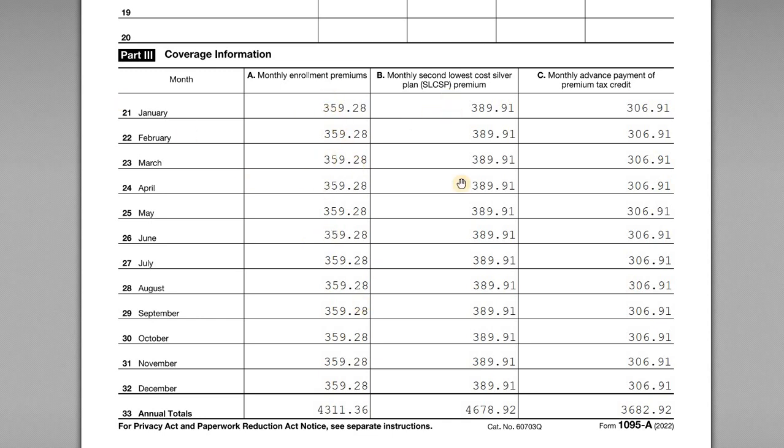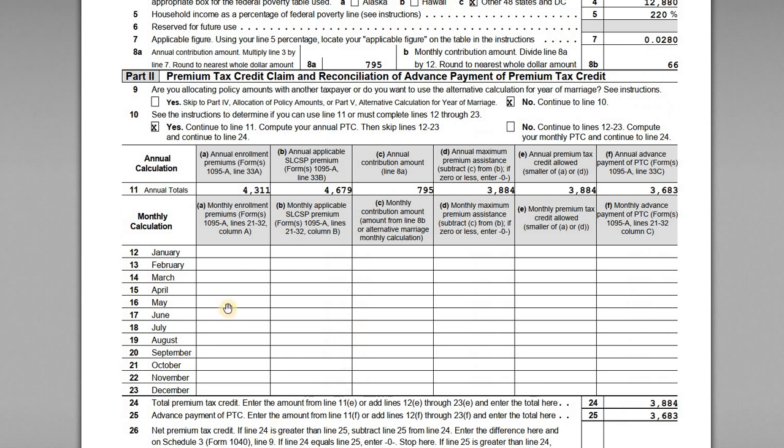So remember, we have column A, column B, and column C. Now, if you look at the 8962, column A amounts are reported here, column B amounts are reported here, and then the column C amounts, the advanced premium credit amount, is reported all the way here at the end in column F. Columns C, D, and E we compute separately when we complete this form.